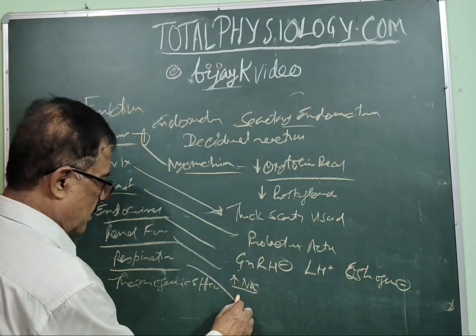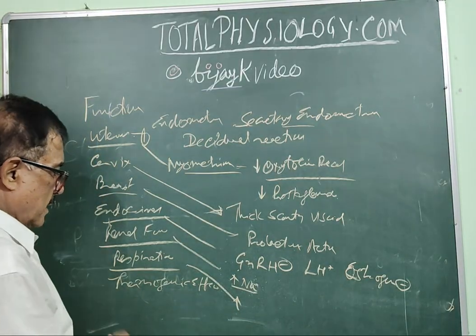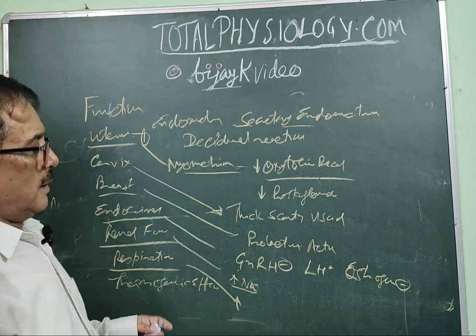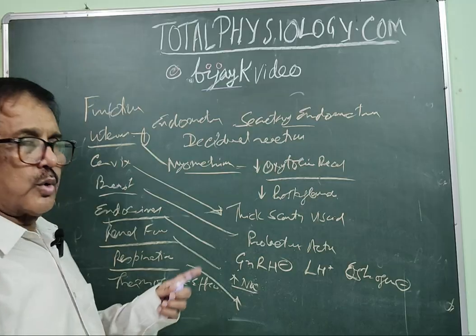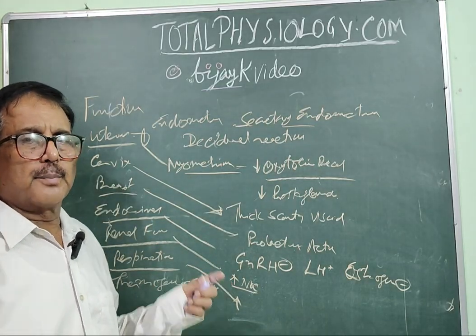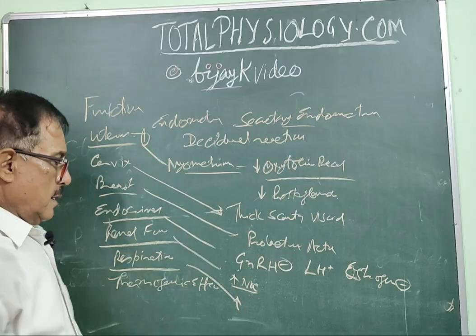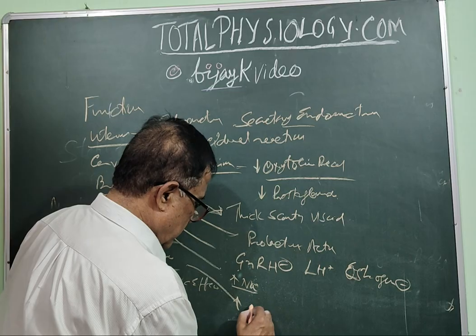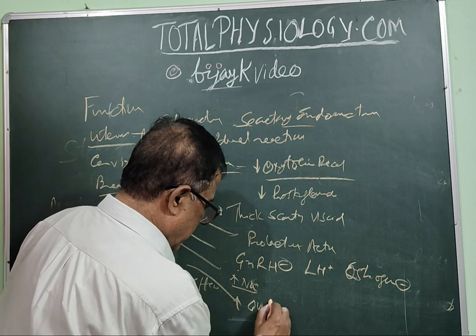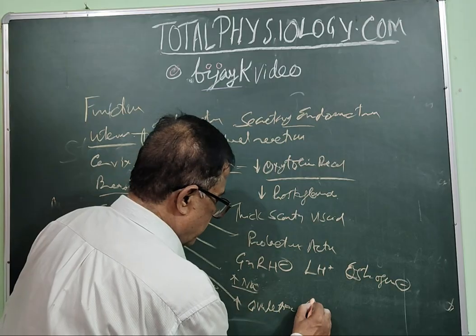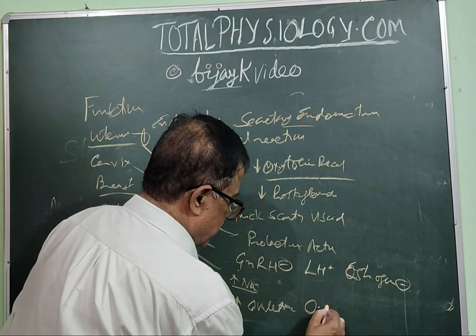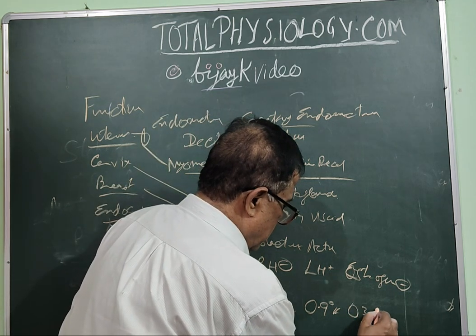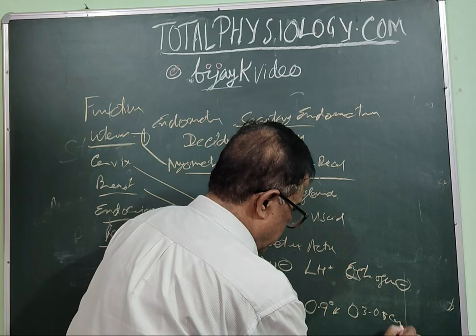On respiration, it stimulates respiratory rate. It also has a thermogenic effect, increasing body temperature through the preoptic part of the hypothalamus. At ovulation, basal body temperature increases by 0.9 degrees Fahrenheit, or 0.3 to 0.5 centigrade.